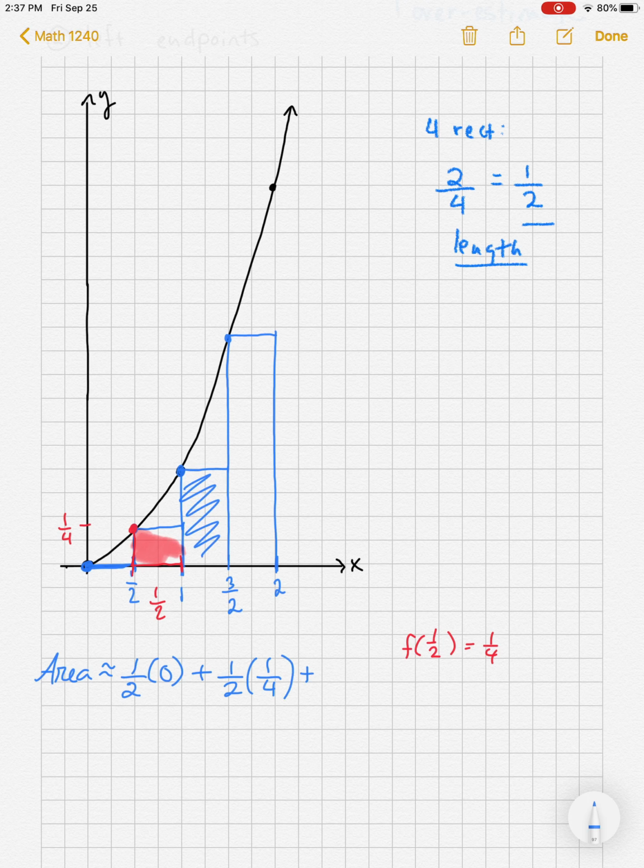What's this one? Its length is a half. Its height is f of 1. F of 1 is 1 squared is 1. The last rectangle, its length is still a half. Its height is f of 3/2. F of 3/2 is 3/2 squared, right? 9/4.